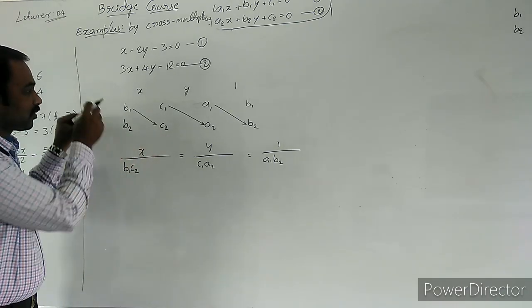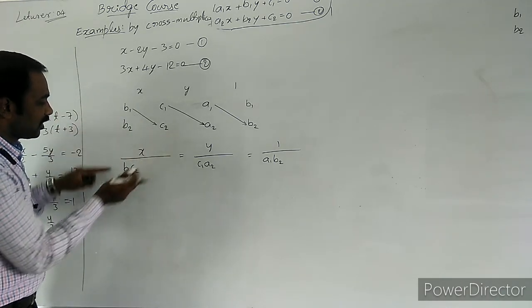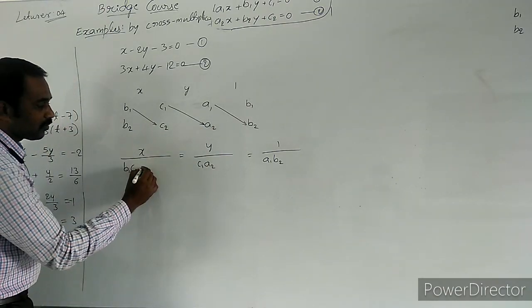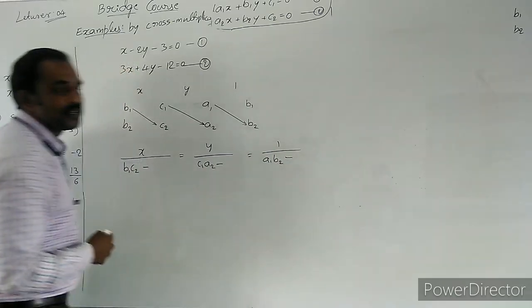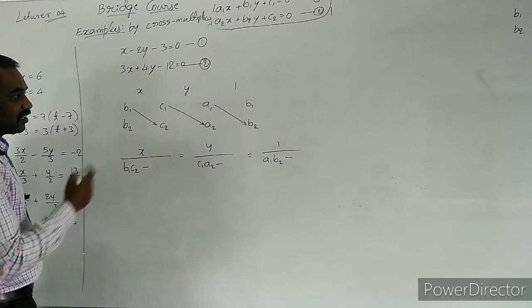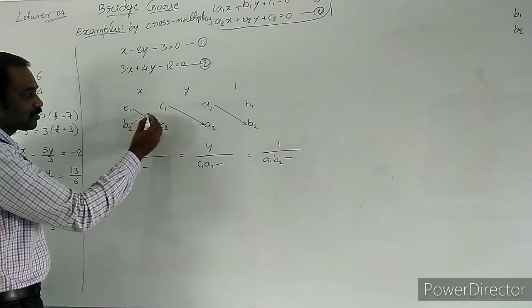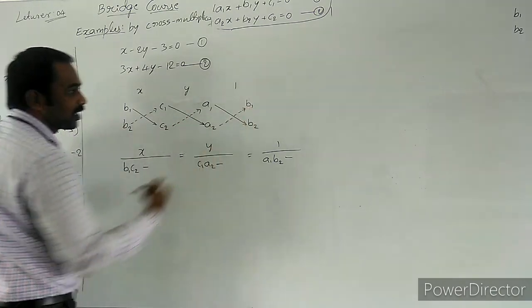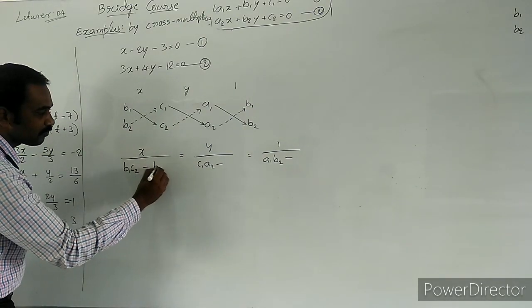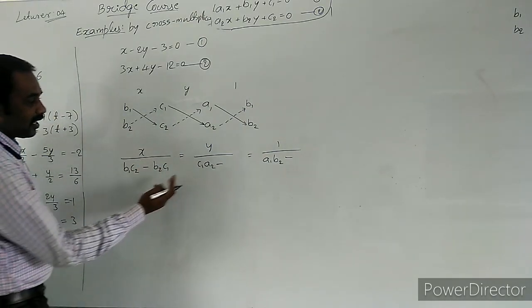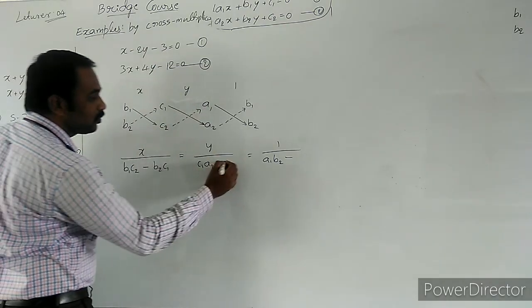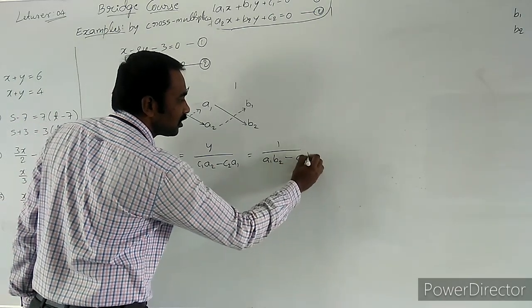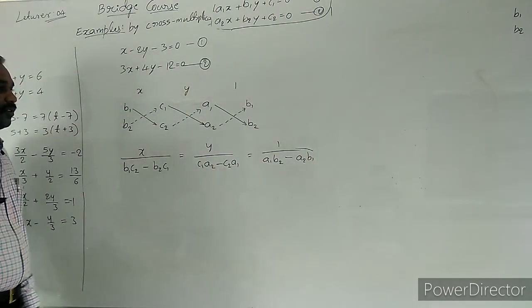First the cross multiplication from the top end to the lower end: b1 c2, c1 a2, a1 b2. In between is a subtraction sign. And the remaining pairs diagonally in this manner. What are the pairs? b2 c1, and next c2 a1, next a2 b1. This is how we get it.